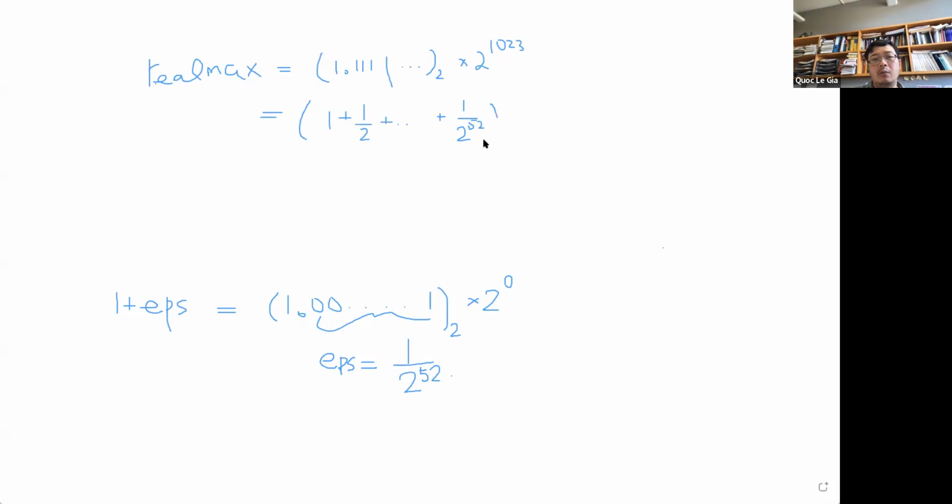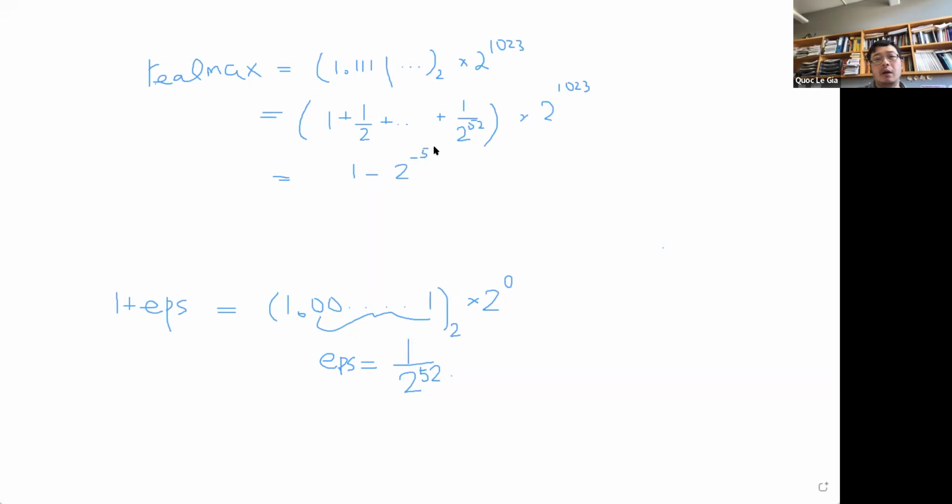And then you multiply by 2 to the 1023. Okay, so you see this one is the geometric series, just 1 minus 2 to the minus 53.